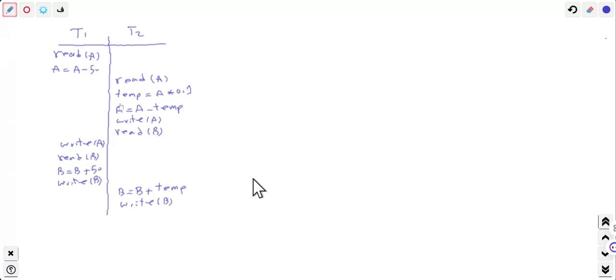So here the order of execution of operations is different from the previous schedule. Let me call this schedule S4. S4 is also a concurrent schedule.